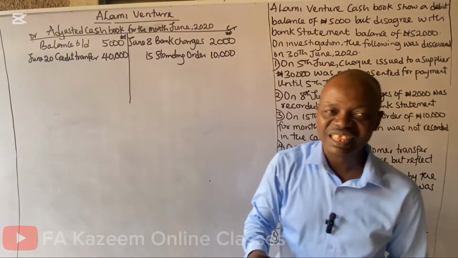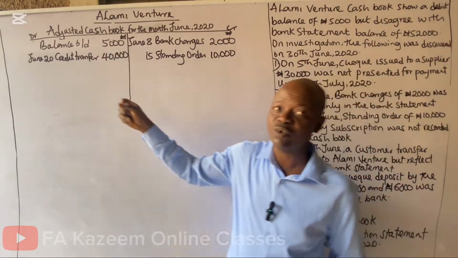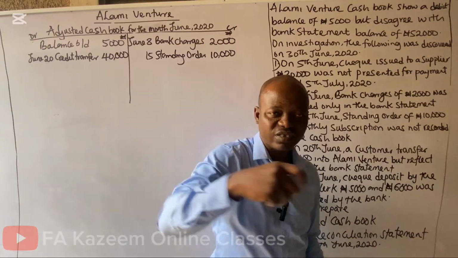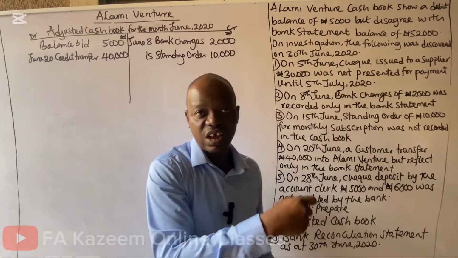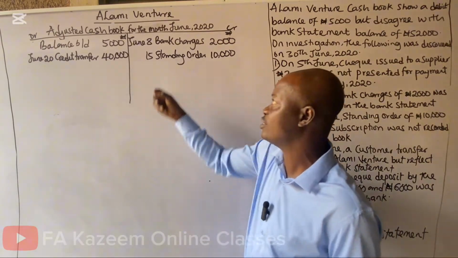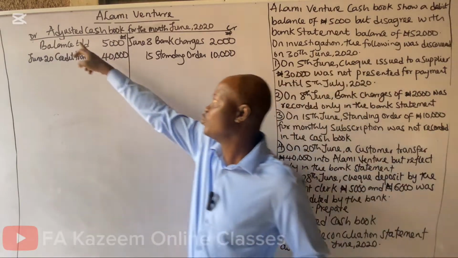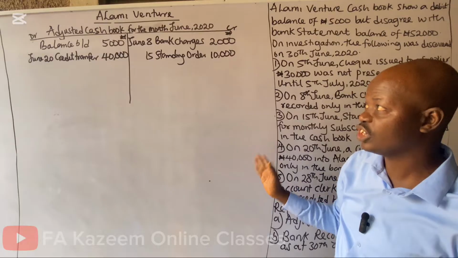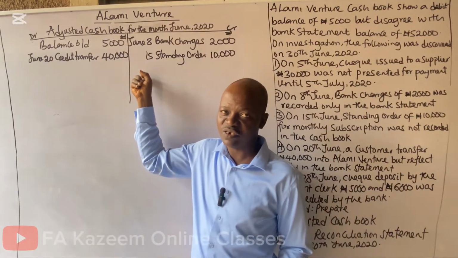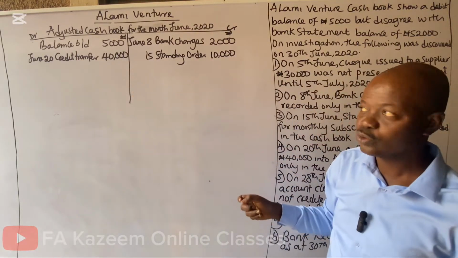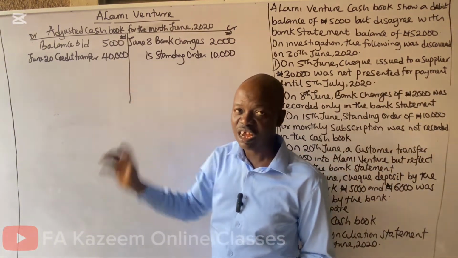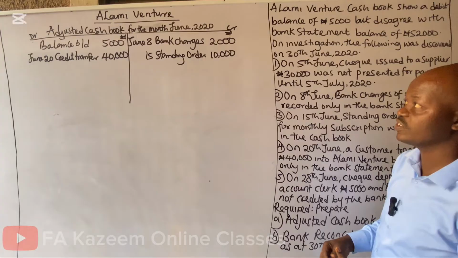In that case, it has already been recorded on the debit side of the original cash book, but was not credited by the bank. Now, anything that's earlier been recorded in the original cash book has nothing to do with adjusted cash book. That's why unpresented checks are not recorded in the adjusted cash book, and also uncredited checks are not recorded in the adjusted cash book. In that case, we are done with this adjusted cash book.